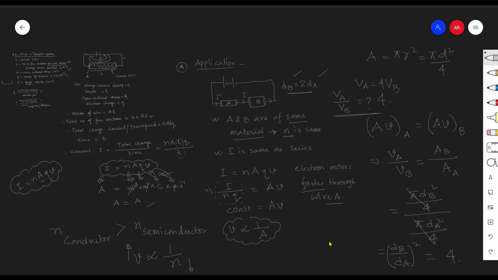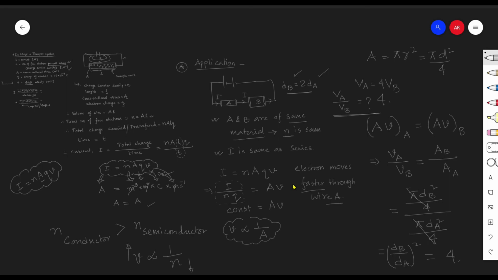All right. So this is the transport equation, I equals nAqv, all aspects of this equation, finding the homogeneity of this equation, and then comparing the drift velocity both qualitatively and quantitatively. Qualitatively means if one is thicker and other is thinner, through which wire electron will be moving faster. You just have to conclude it, explain it with respect to the equation.